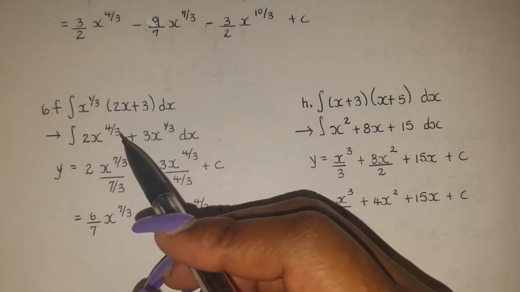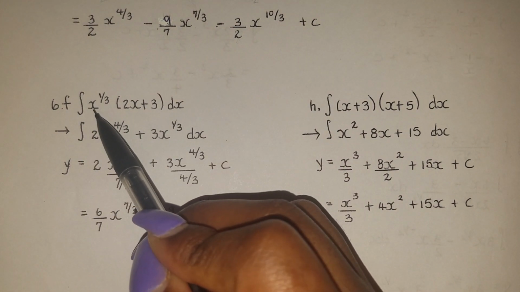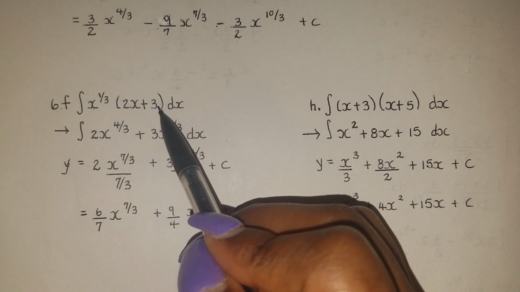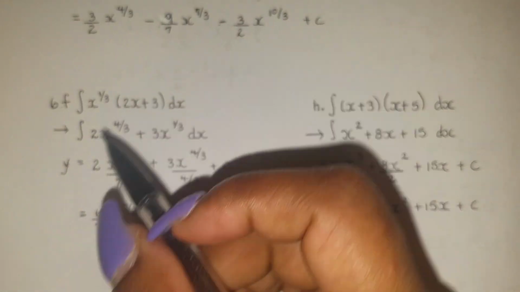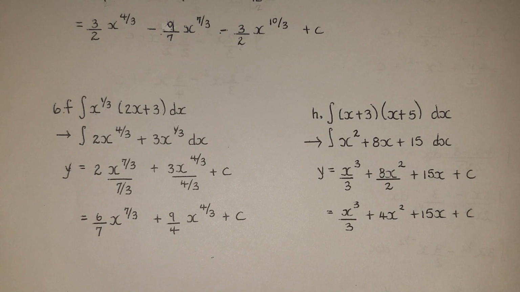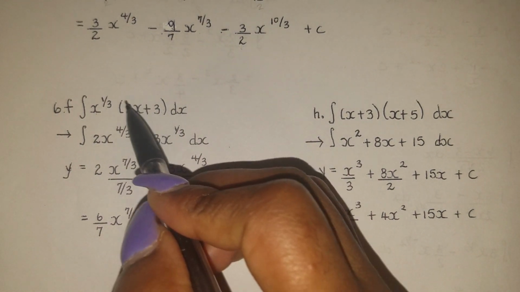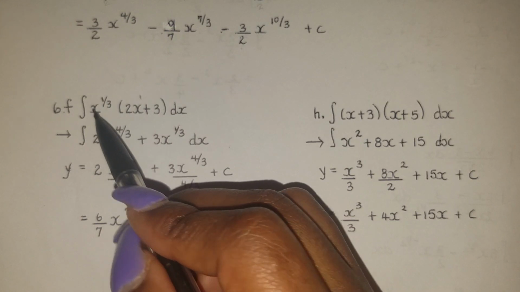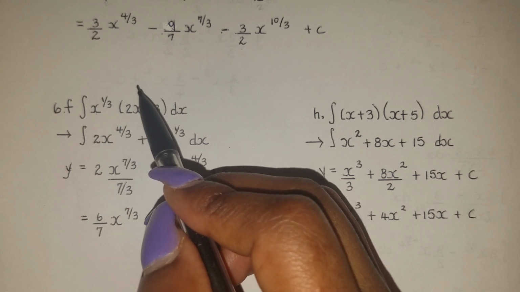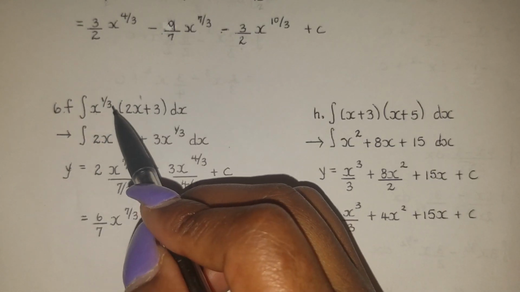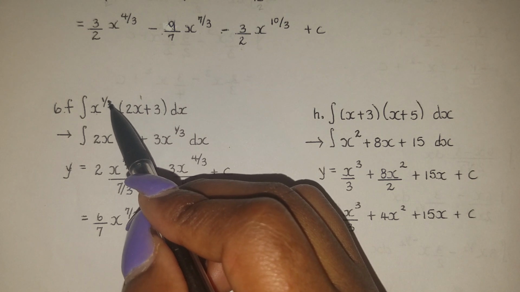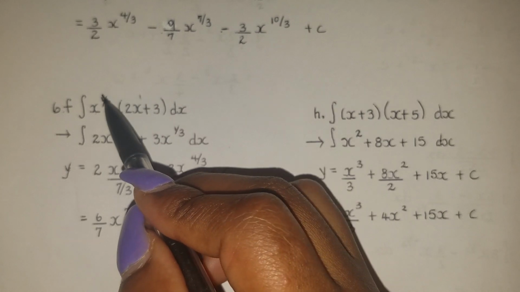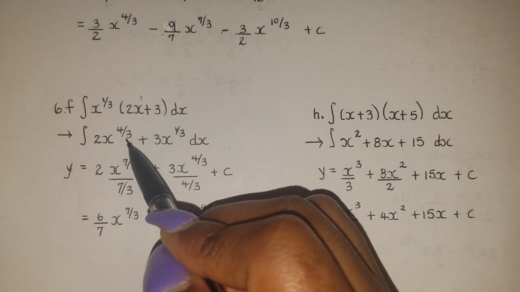Okay, so in question F, we have the integral of x to the third times 2x plus 3. So when we multiply, we add the powers. 2 times 1 is 2, and now the power of x becomes 4 over 3, because 1 over 3 plus 1, or 1 over 3 plus 3 over 3 is 4 over 3.